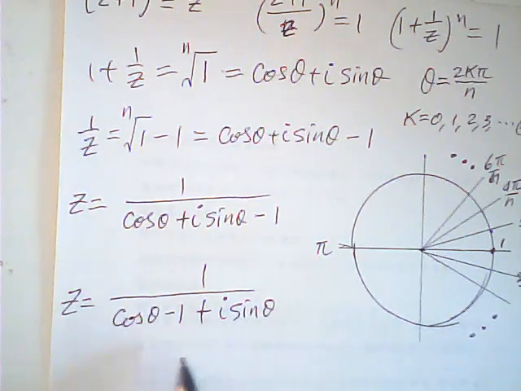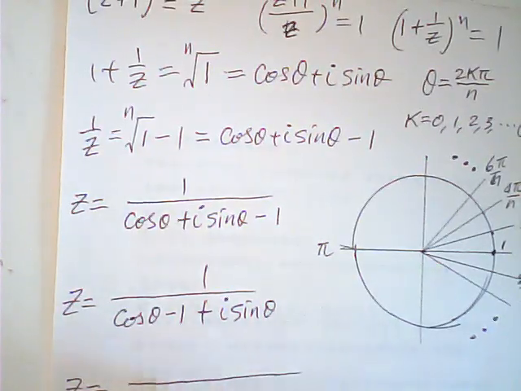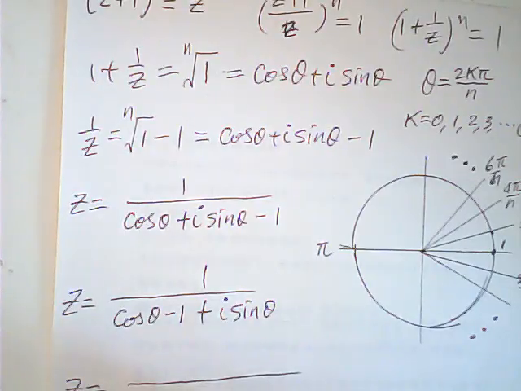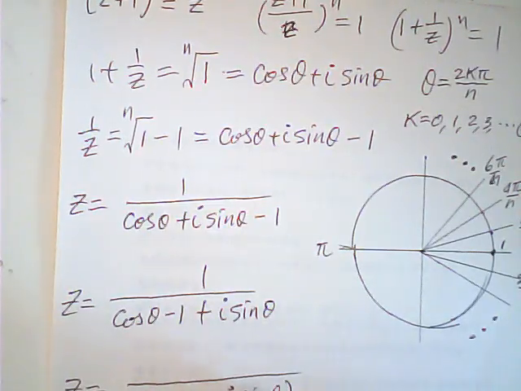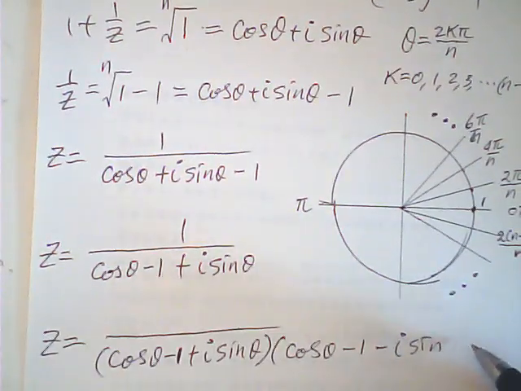Then I multiply by the conjugate, right? So z is equal to ((cosine theta minus 1) minus i sine theta) over ((cosine theta minus 1) plus i sine theta)((cosine theta minus 1) minus i sine theta).